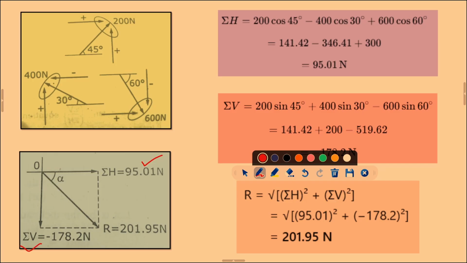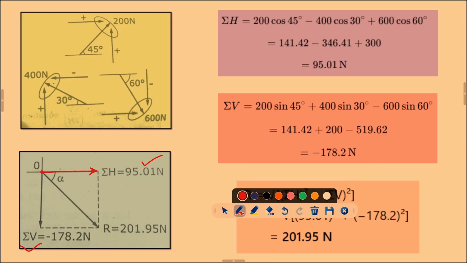You need to plot for your convenience. Horizontal, perfect horizontal, positive: left to right, I am marking summation of H as 95.01. Similarly, vertical I found as minus 178.2. Minus means my force is acting from top to bottom.